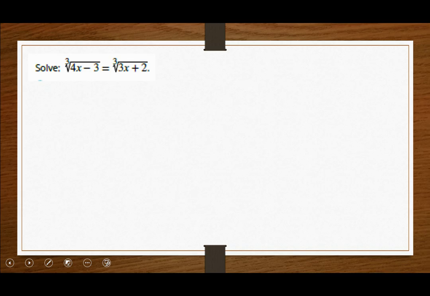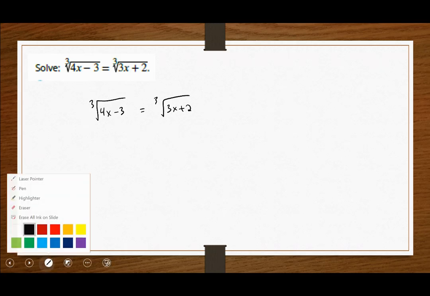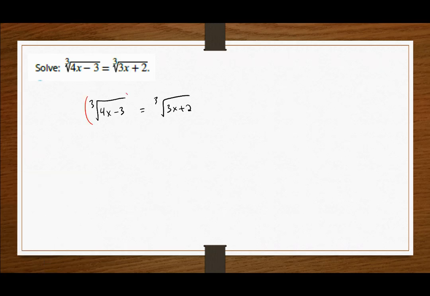So I'm asked to solve in this case the cube root of 4x minus 3 equals the cube root of 3x plus 2. Again, my two radicals are really already isolated from one another. They're not, at least initially, on the same side. Because of that, I can use the exponent 3 to eliminate all of the radicals in this problem.